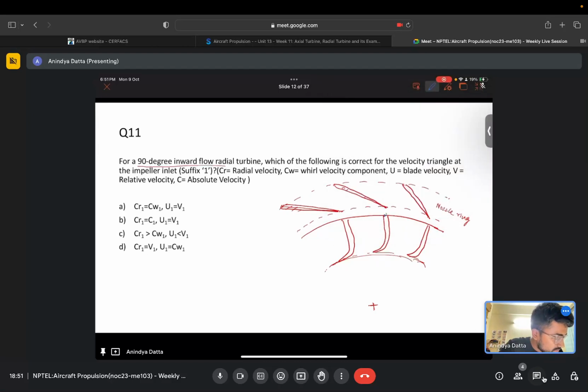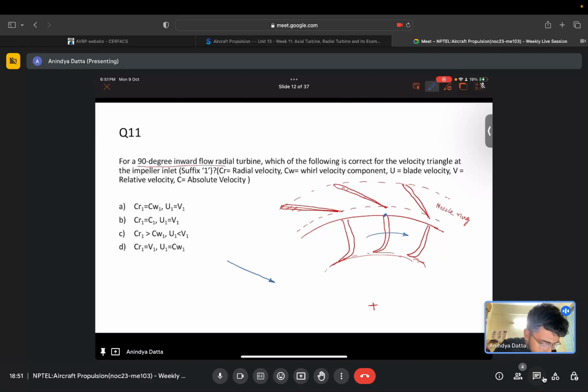Let's say we draw this velocity triangle somewhere here. The nozzle blades are stationary blades, and let's say the impeller is rotating like this. The absolute velocity component will align along the nozzle blades.